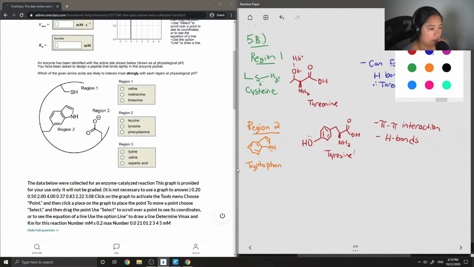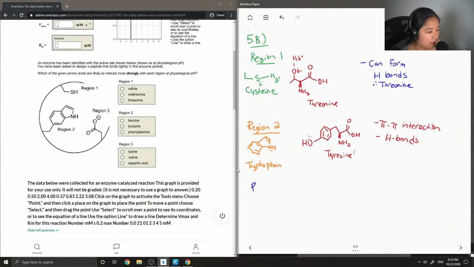tyrosine was selected. And lastly, let's look at region 3. So this one might be the easiest to figure out. And that's just because it has a negatively charged oxygen.